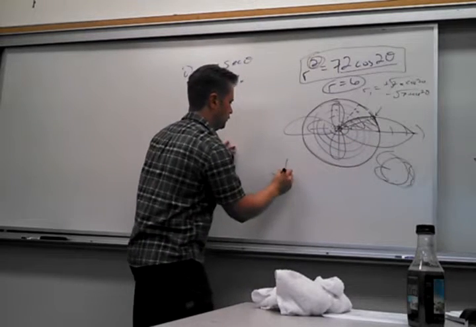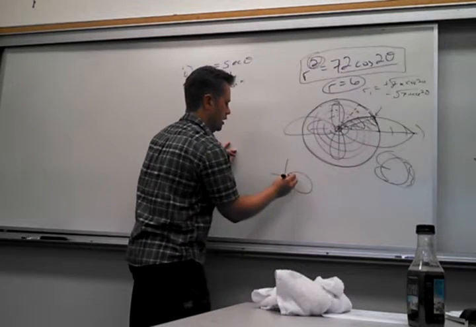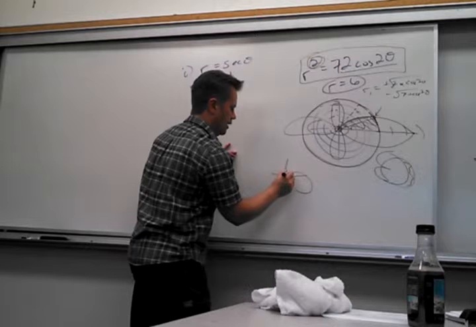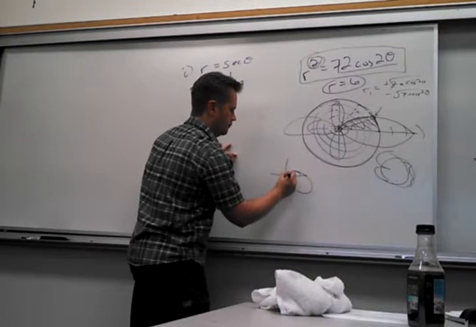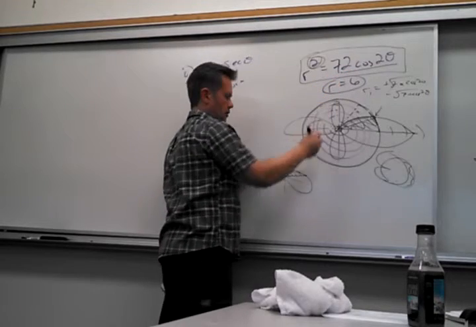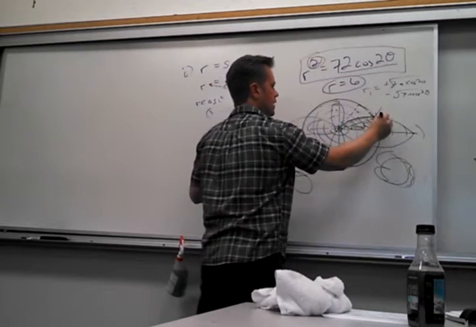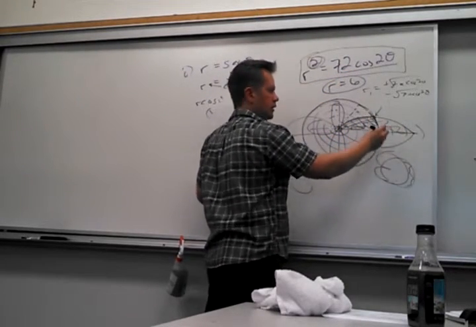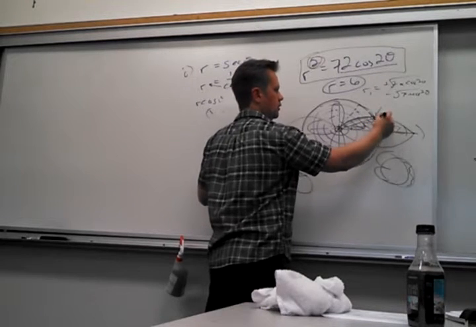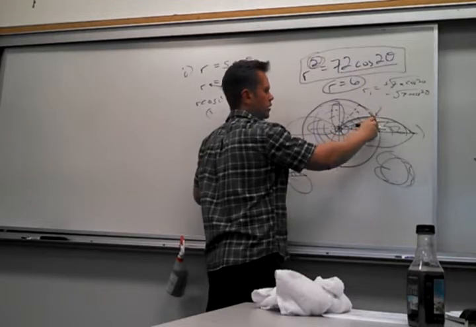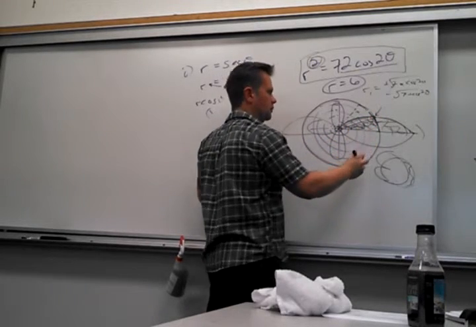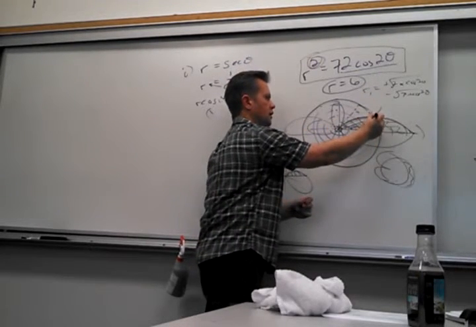So if I had just a clover, just this thing here, to find that area I just integrate from this angle to that angle. Now for this, it's not the whole clover, is it? It's the clover minus the circle. Or it's actually just the part that's in the circle. And I'm making this harder than it needs to be.